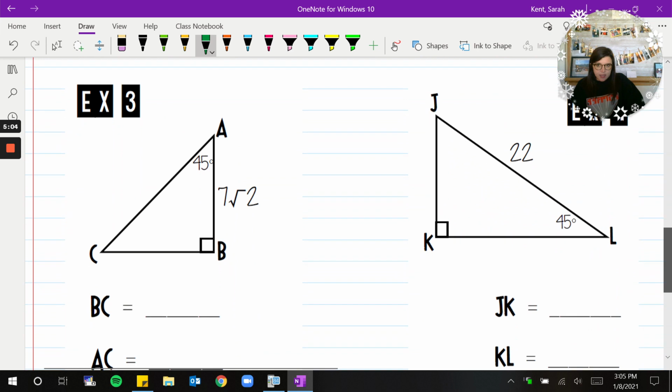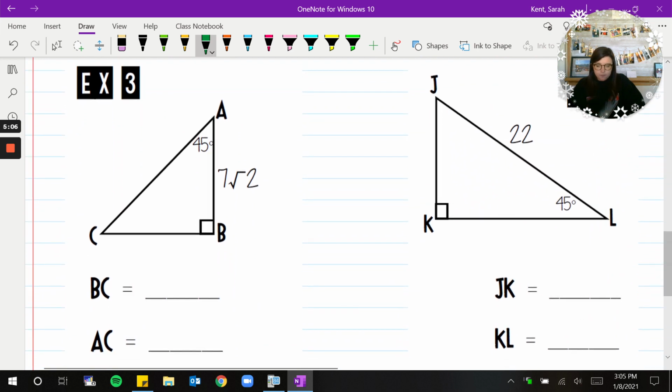If we look at example 3, first I want to find my 45-degree angle. Here's my other 45-degree angle, and here is my 90-degree angle. This 7 square root of 2 is across from 45 degrees. So across from my other 45 degrees, I will also have 7 square root of 2.